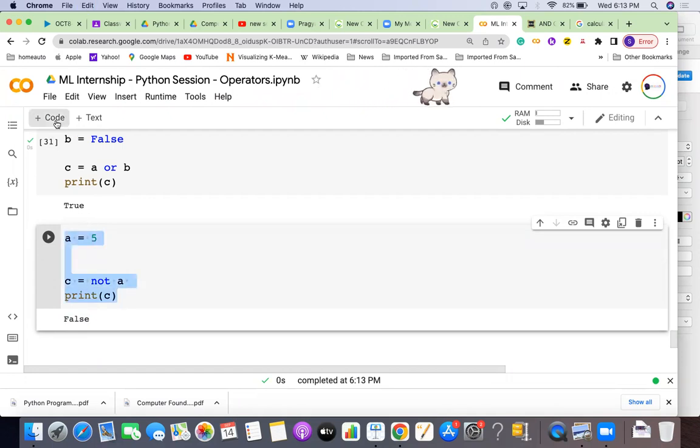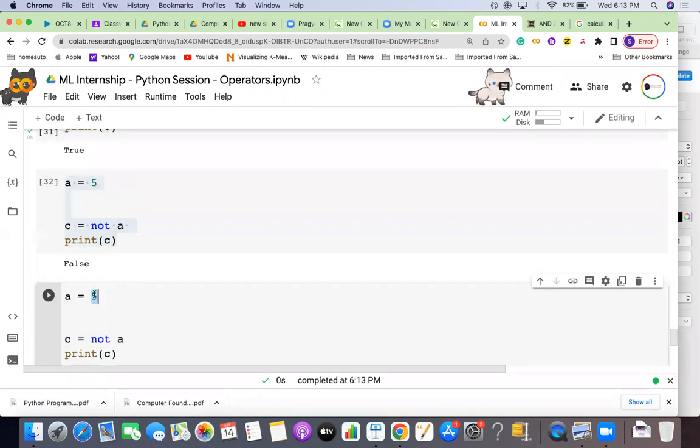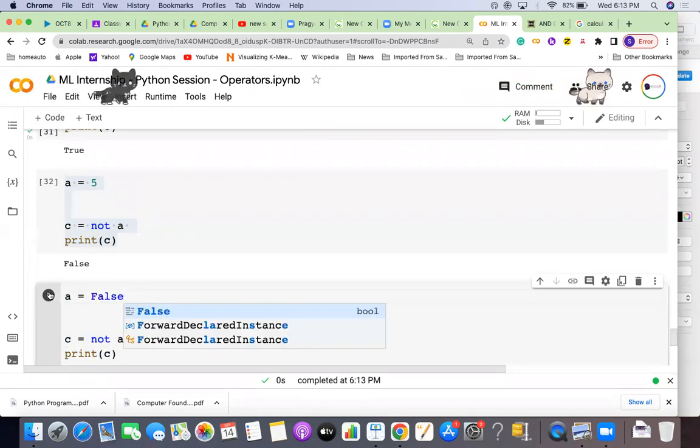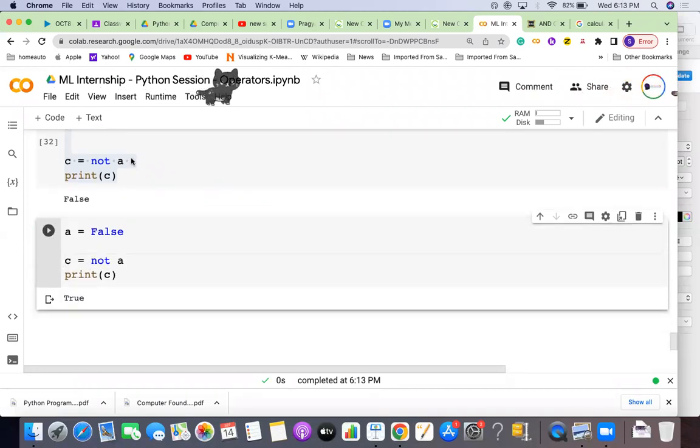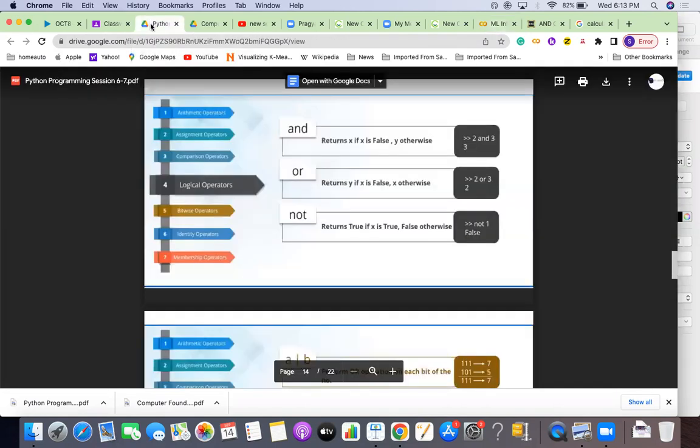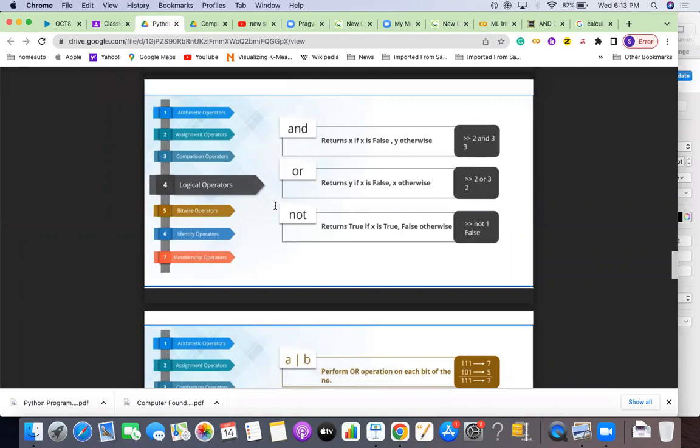So any questions here? Any questions on these operators? Logical operators. So what we'll do now, we'll take a 5 minutes break. After that, we'll discuss the other thing.